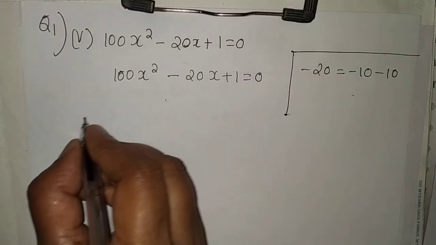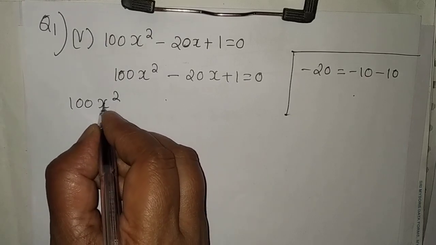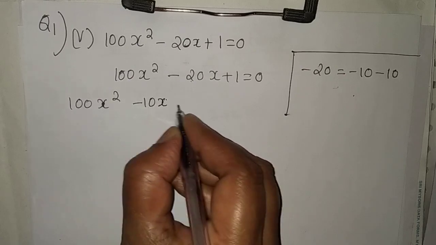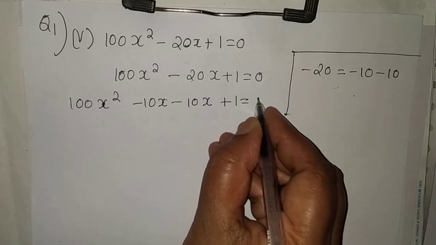So take this 100x square, so therefore minus 20x can be written as minus 10x minus 10x plus 1 is equal to 0.